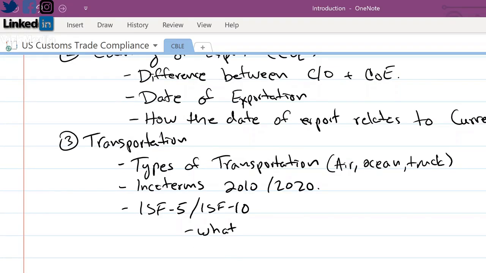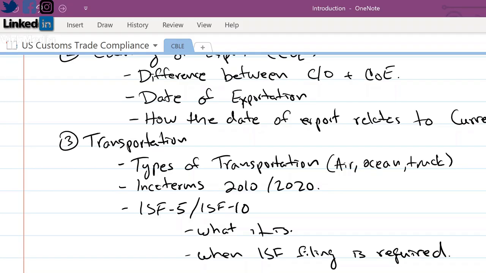I'll teach you what it is, when ISF filing is required, what data elements will be needed, and penalties if not filed properly.